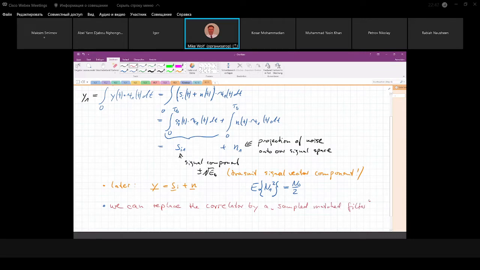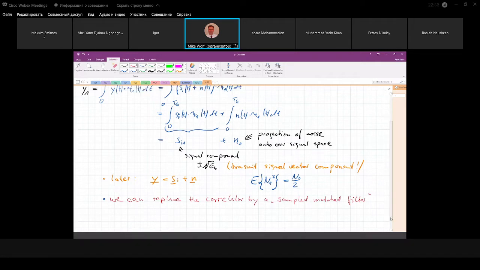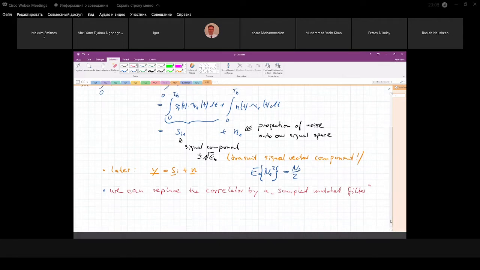This matched filter means it's matched to the used pulse shape. It's only one single pulse shape, and this is basically a basis function. This is the description of the pulse shape. Let's say it's a rectangular pulse or whatever. And we could say the detector looks like this if we do this realization, and we can simply prove that this leads exactly to the same decision variable.